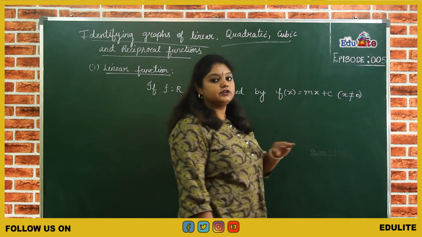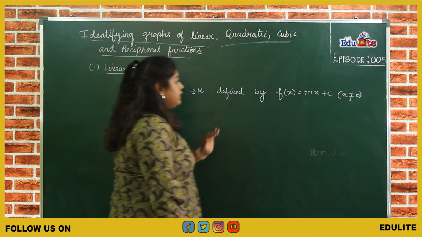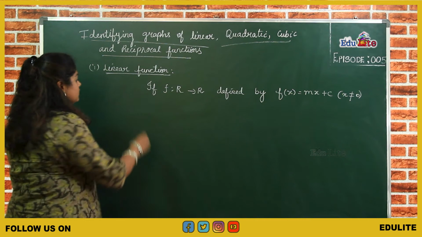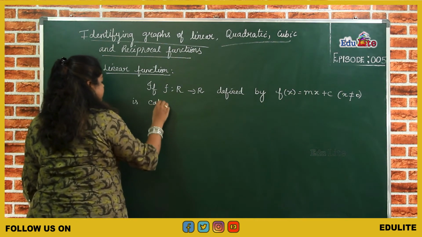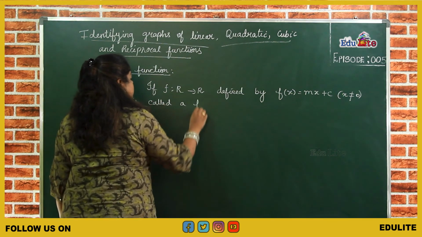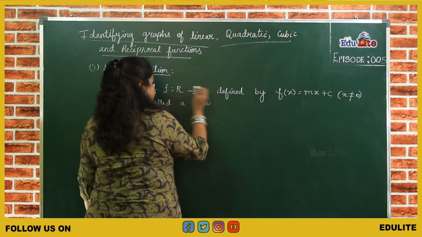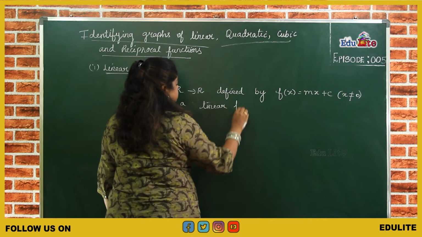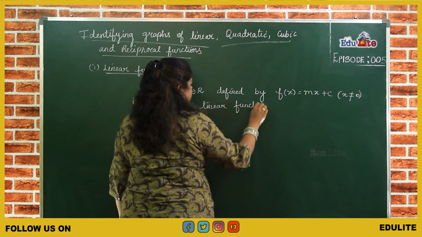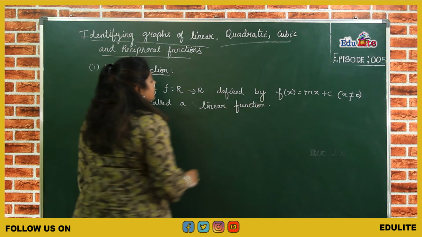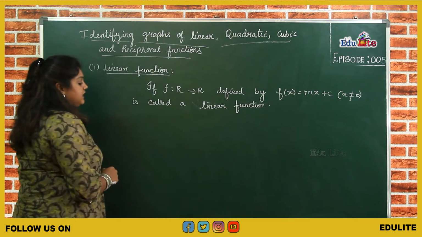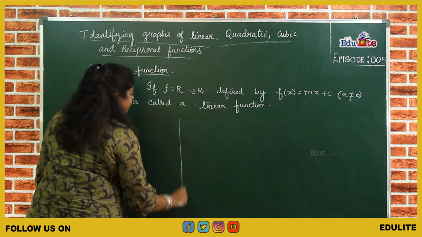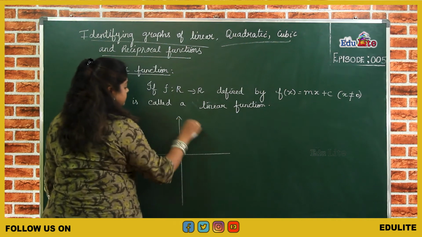The value of x shouldn't be 0 in this equation. This is called a linear function. Now, the graph of the linear function is represented as a straight line.